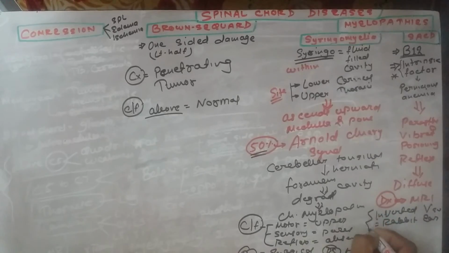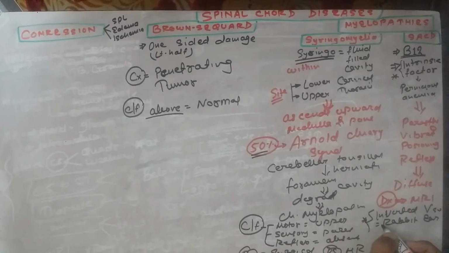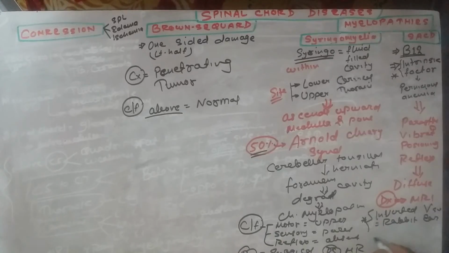This is the sign present in SACD. For the treatment there will be replacement therapy beginning with 100 mg intramuscular vitamin B12.